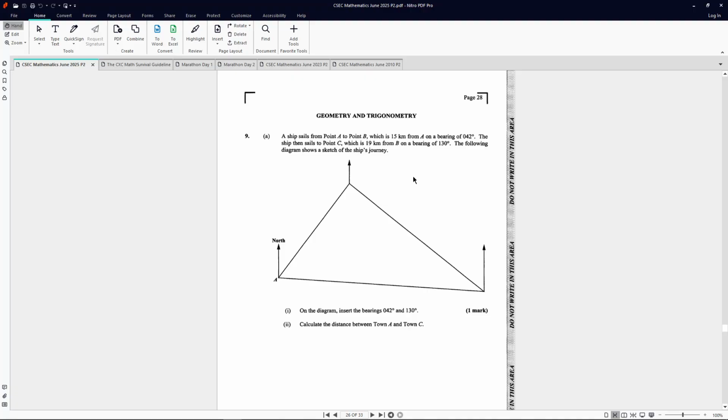And usually what would happen is that, Sir, it was January 2026. Yeah, so usually some things might replicate from that paper onto the June paper. So maybe the question structure or the types of questions that they ask, but usually the case is that some things might pop up back on the June paper.